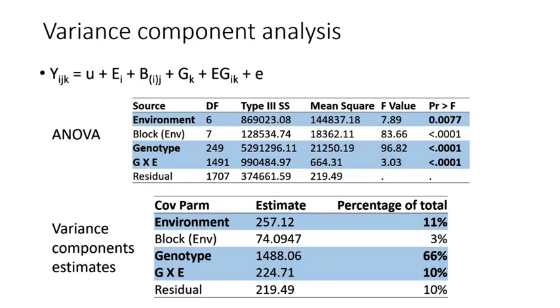Environment explains 11% of the total variance, genotype explains 66%, and G by E explains 10%. Although genotype still accounts for the majority of the variance, environment and G by E together account for more than 20%. That's still a huge amount of the total variance, so it's worth studying.